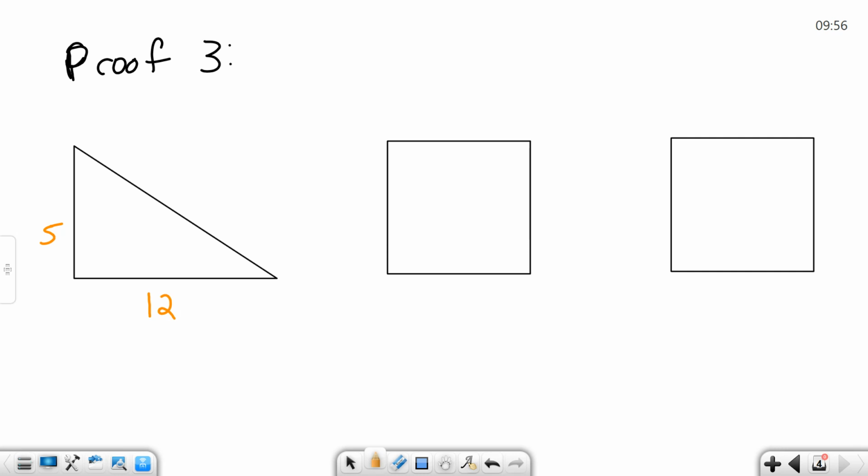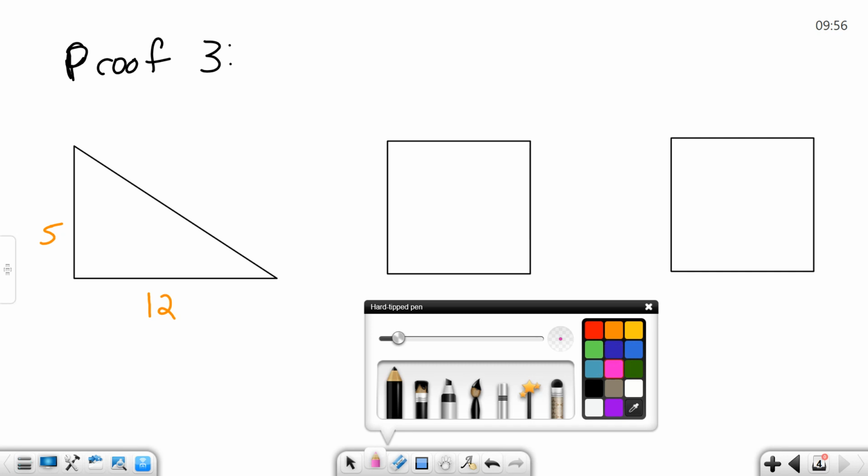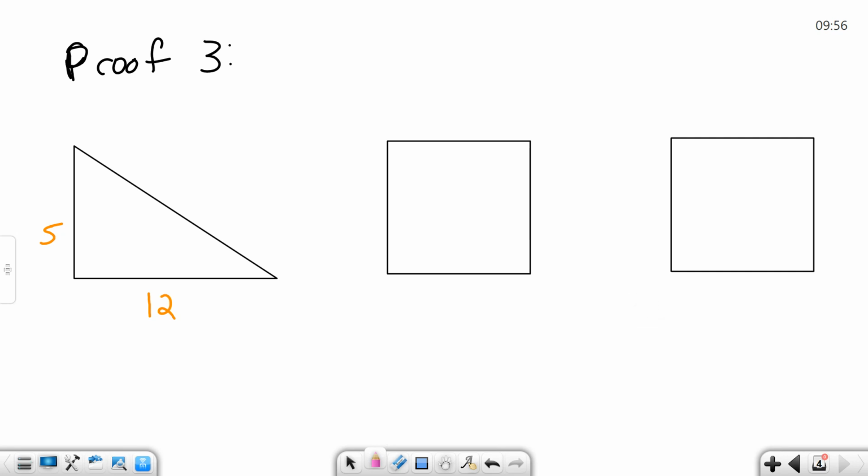What we're going to do is break this first square into a side length of 5 and 12, 5 and 12, and cut it right there. What we see is that this little square here is 5 squared, and this big one over here is 12 squared.